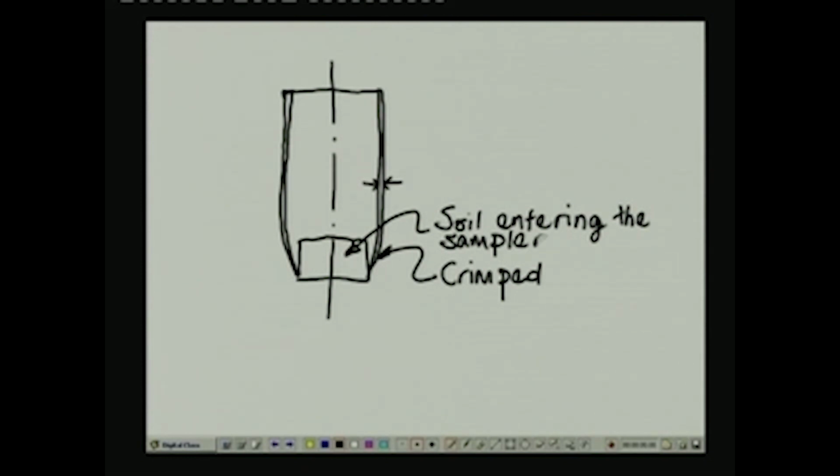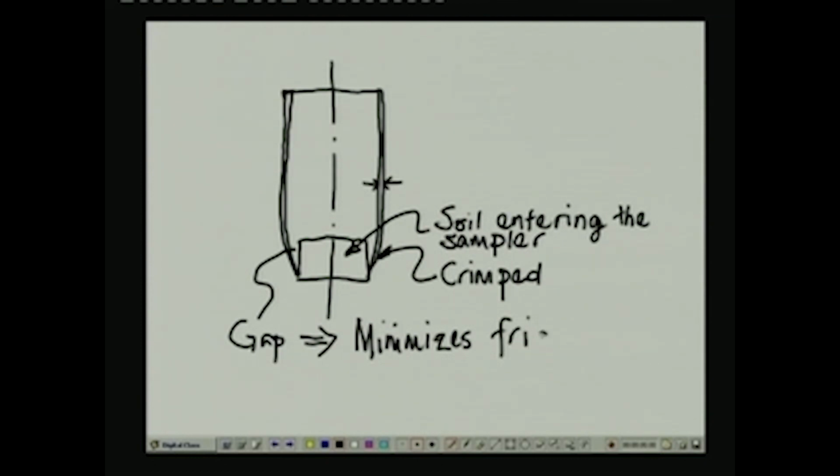there is a very small minute gap between the soil that is entering the sampler and the sampler wall, and this gap minimizes the sample to soil friction, and that itself minimizes sample disturbance.